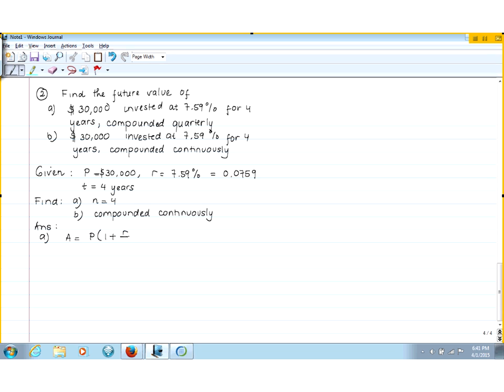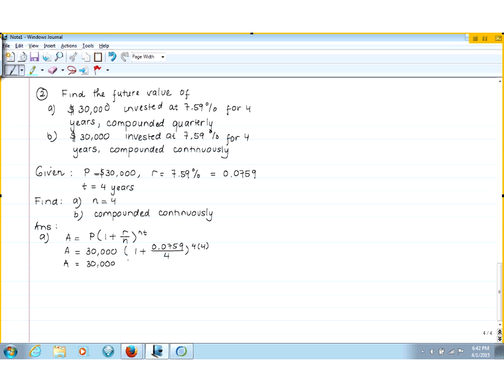So to answer A, we will use the first formula, P times 1 plus R over N raised to the NT. So A, which is the accumulated value or future value, is 30,000 multiplied by 1 plus 0.0759 over N, N is 4, raised to the 4T. T is 4 and N is 4 also because it's compounded quarterly.